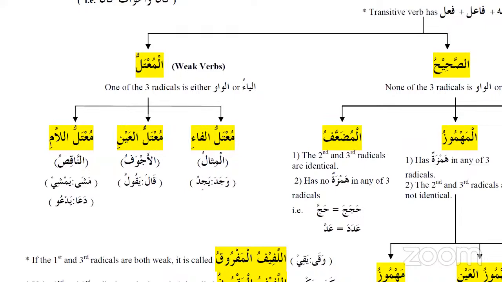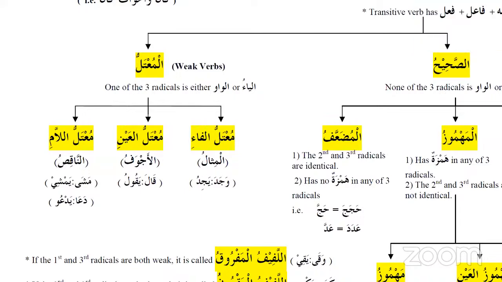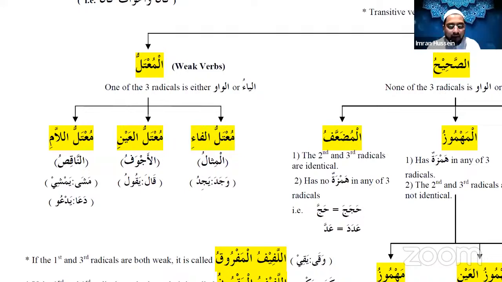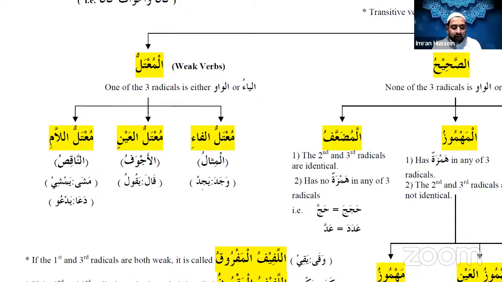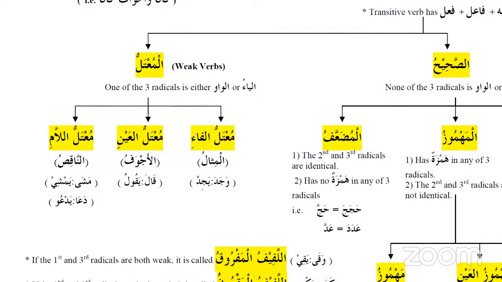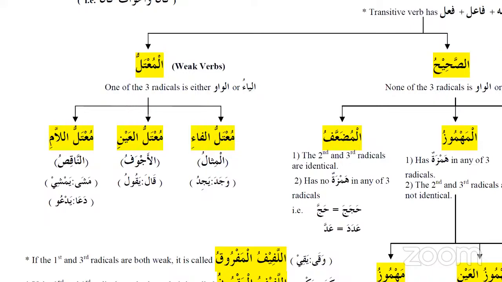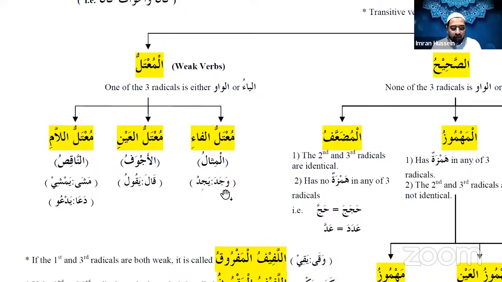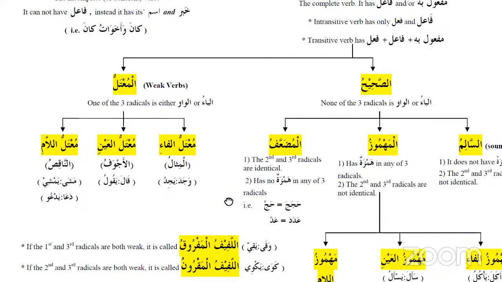Yajidu, he is finding. Wajid, mawjood. Yes. Qala, yaqulu. Qala means he said, yaqulu, he is saying. And then masha, he walked, and yamshi, he is walking. Excellent. Masha, yamshi, correct. These are weak verbs.